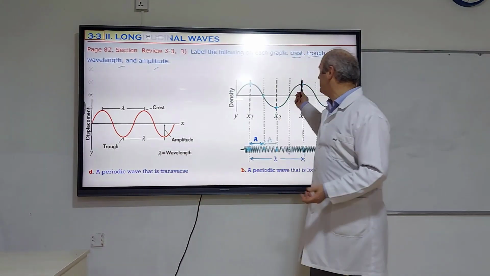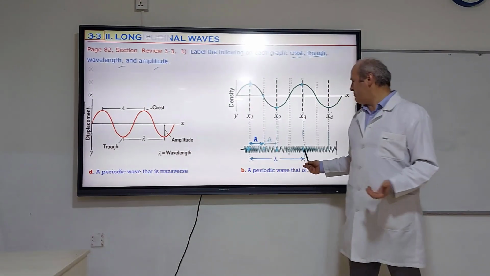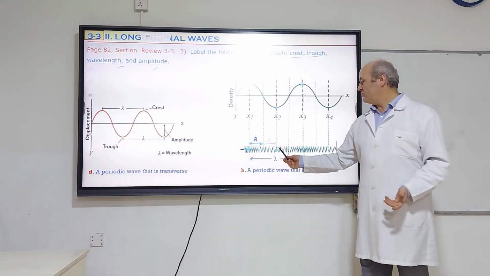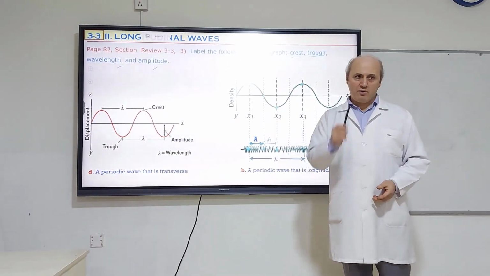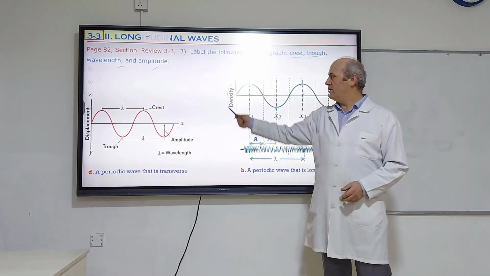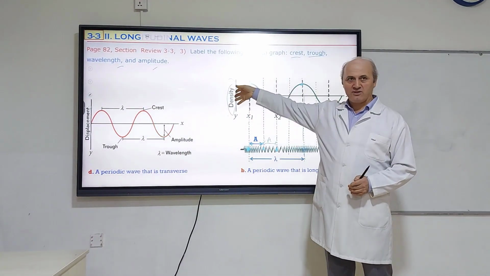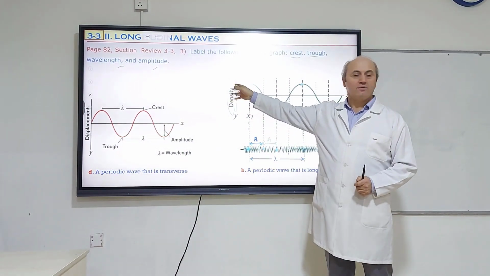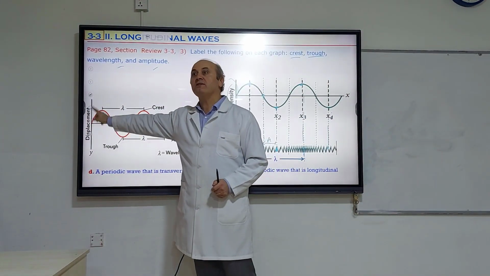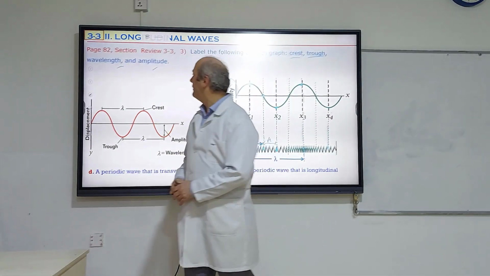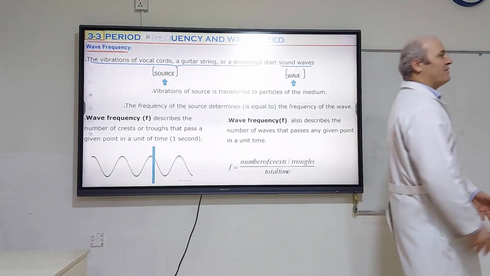From crest to crest, or from compression to compression. From stretch to stretch is also wavelength. And one important thing I forgot to say: in a longitudinal wave, the vertical axis is going to be density or pressure, but in a transverse wave, displacement. Then frequency. Frequency of the wave.